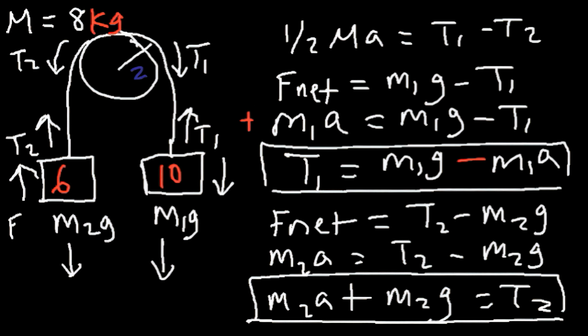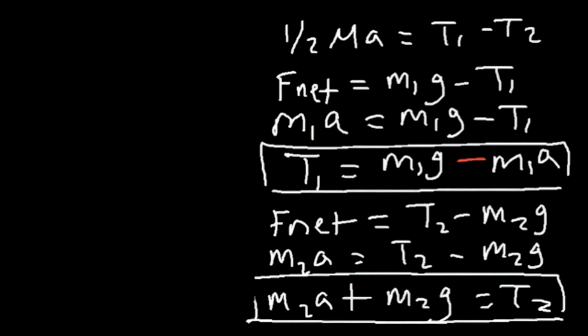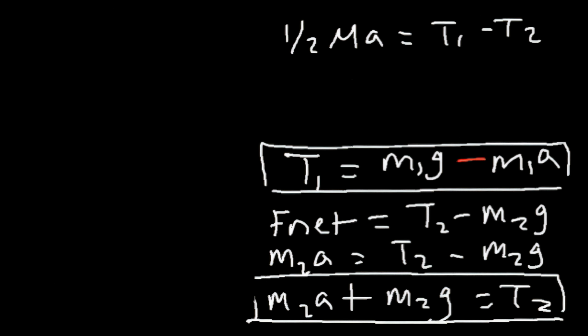So now let's go back to this equation. So at this point, we no longer need this picture. So let's get rid of it. And let's get rid of this. And this as well.